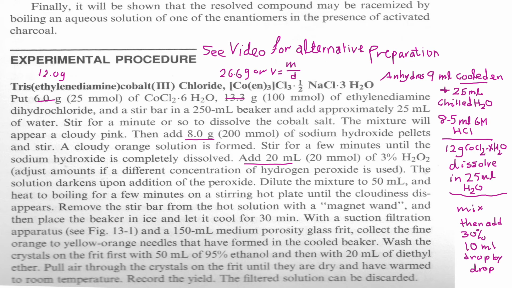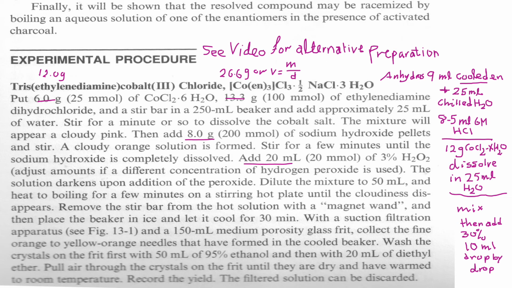The alternative, which I sent you by video, is that the link is on your page. It uses a similar procedure to some extent: 9 ml cooled anhydrous ethylene diamine, chilled to avoid the fuming, because ethylene diamine fumes, and you add 8.5 ml of 6 molar HCl on one side in a separate beaker, for example a 100 ml beaker.